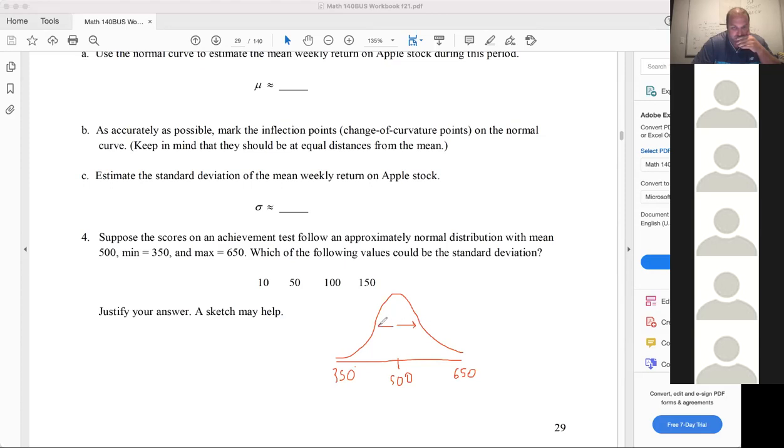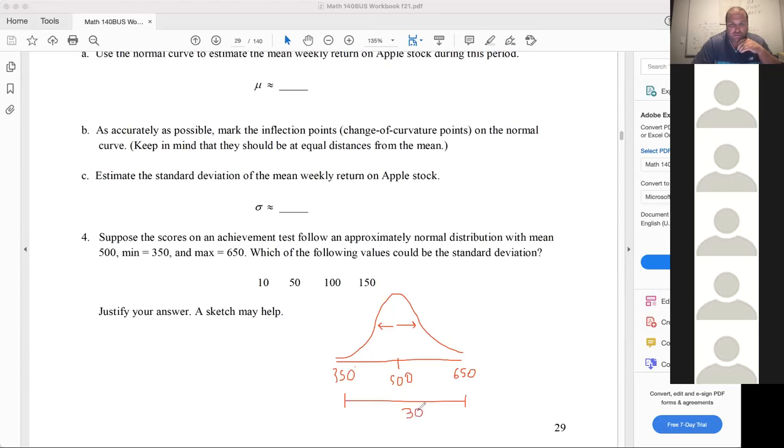So the question is, what is it, right? Here's a general rule of thumb. If you take the entire range, which is how much? 300.